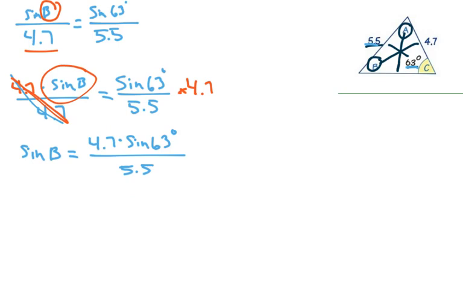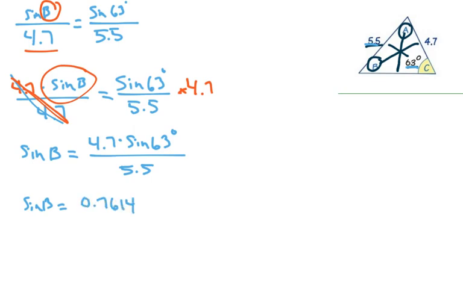So next we've got sine of b is equal to, and now let me calculate, so 4.7 times the sine of 63 degrees, that gives me 4.1877, divided by 5.5, and I get 0.7614.